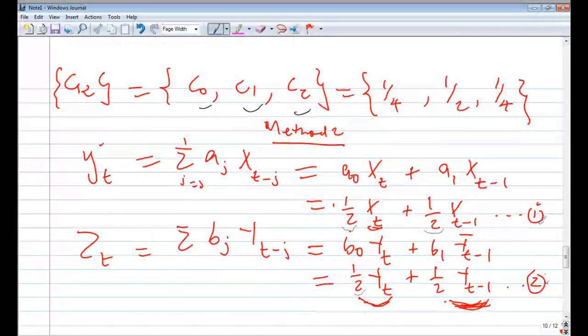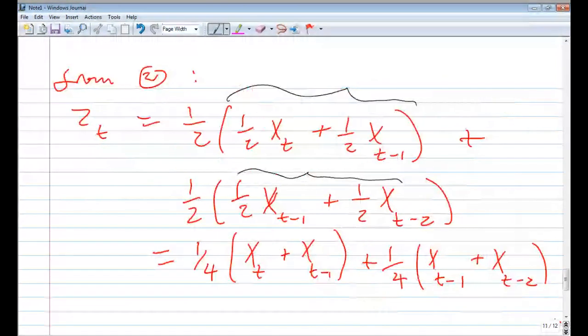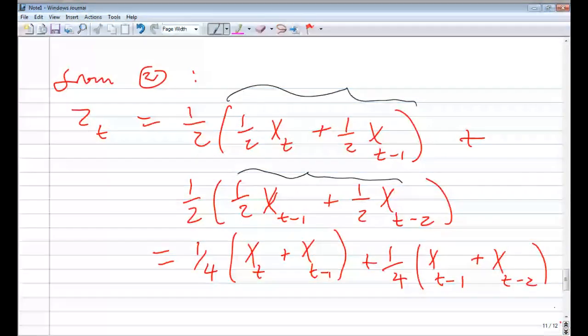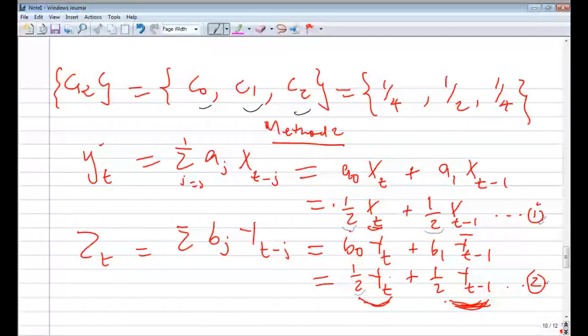so we take, that is why I said from equation number 2, we take equation number 2, then we substitute yt and yt minus 1. Okay, we substitute this yt here and yt minus 1. So when we substitute yt here, remember yt is equal to the whole of this.